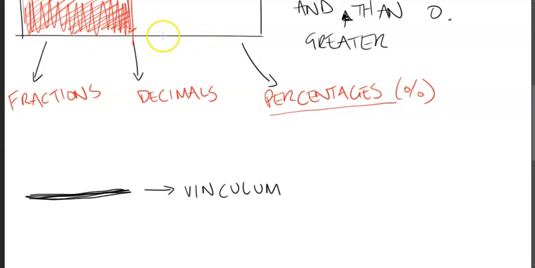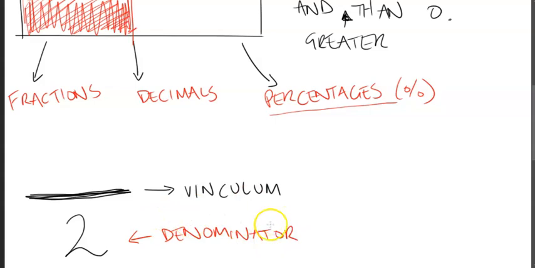So in this instance here, we can see that regardless of how many pieces have been shaded, we know that there are 2 equal bits. Alright, so this denominator right here represents how many parts this 1 has been split up into.